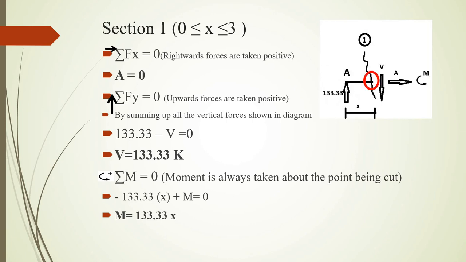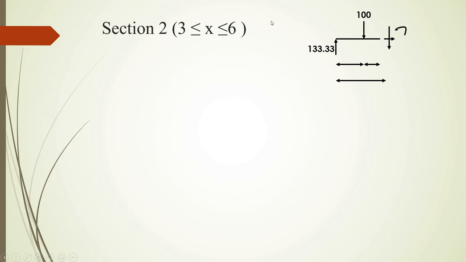So this circle point is the one about which we are taking the moment. Now, if we talk about the second section, the limits of that section would be from 3 to 6, like we've discussed in the previous lecture and in the previous slide as well. This is what you get because you are getting the second section after the 100 kips load. The distance from 133 to 100 was 3, as obvious.